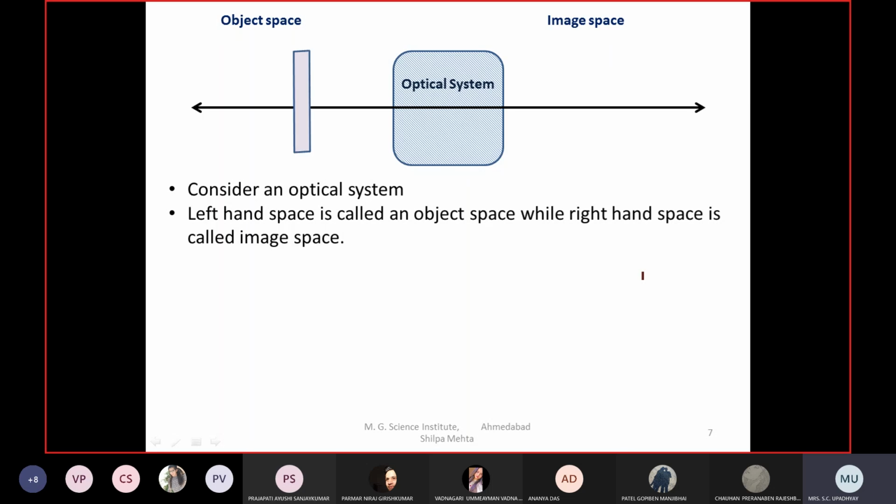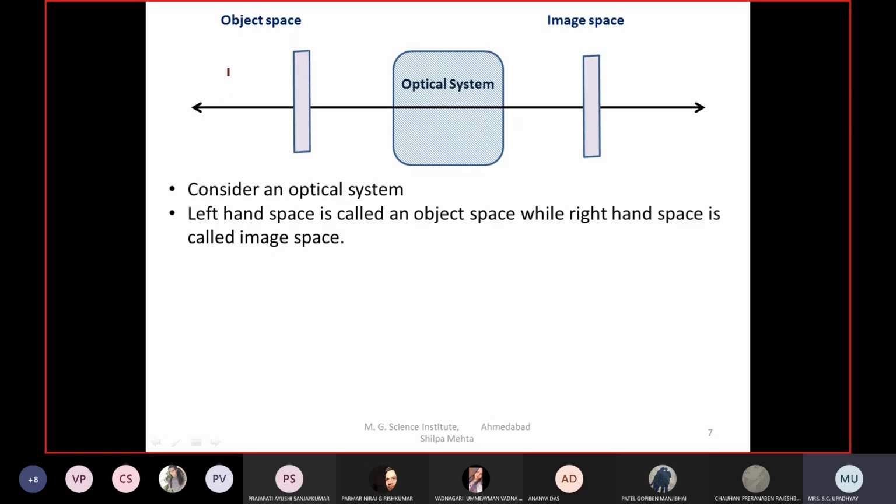There is one plane in object space, and corresponding to it there is another plane in the image space. Then what is the importance of these planes? Let us understand properly what these two planes are like and why we have placed them here. When we place an object anywhere in object space, lots of waves start from this object, they pass this plane and are incident on the optical system.